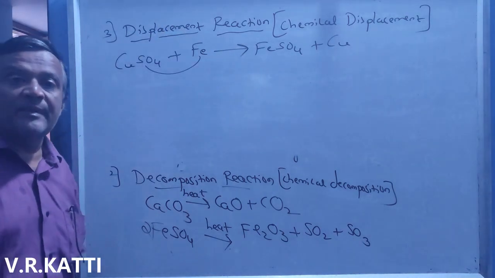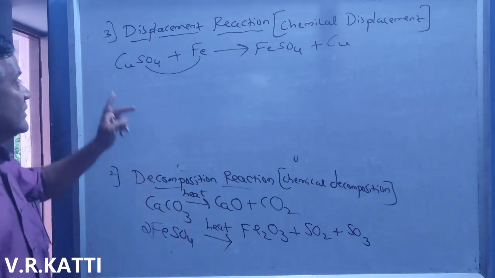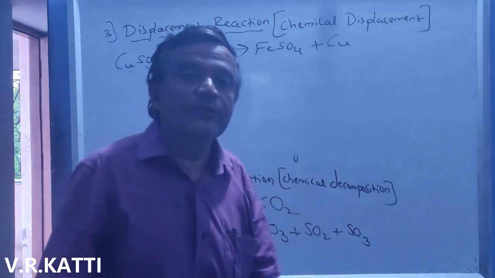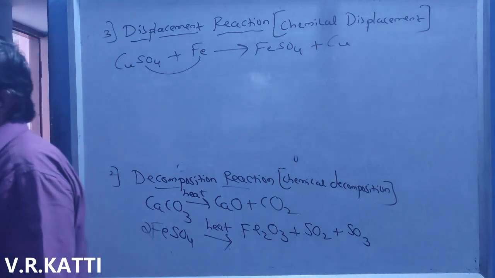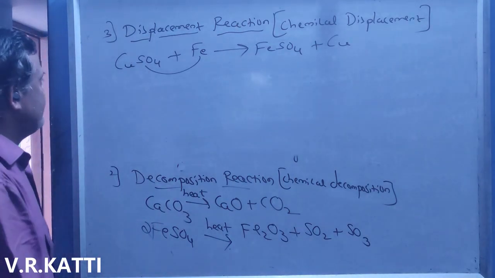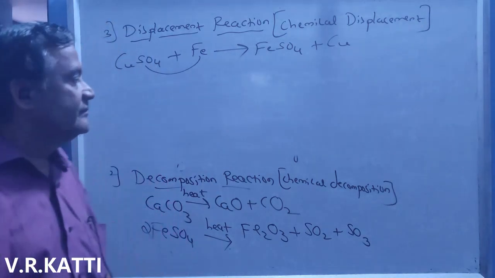Cu is displaced by Fe. So it forms FeSO4 plus Cu. So it is called displacement reaction. Okay, students? Now, let us take one more example.